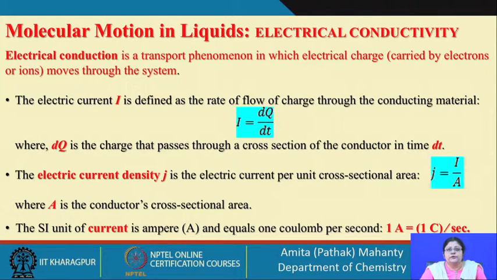So, ampere is the SI unit of current. Knowing that, you can easily find out the unit of current density.